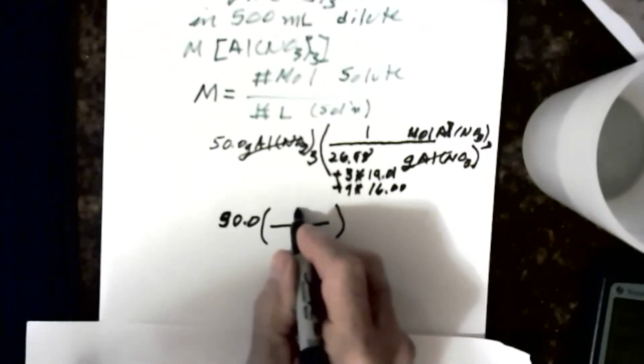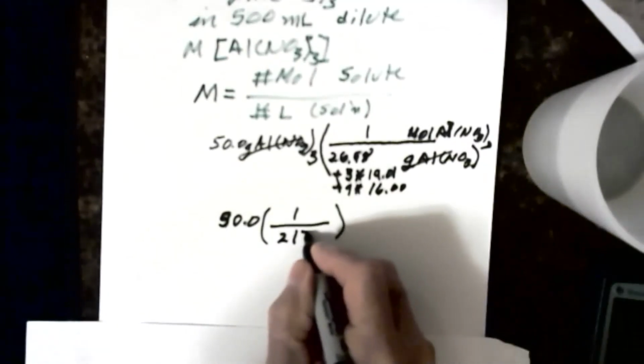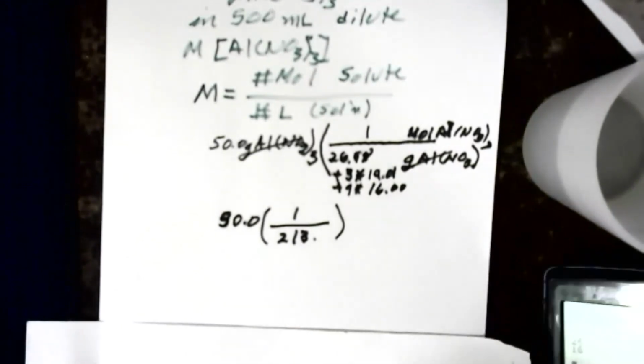So I'm going to see my units are canceling out up here. So I'm going to go down here and say that 50.0 grams times 1 mole divided by 213.01 grams.